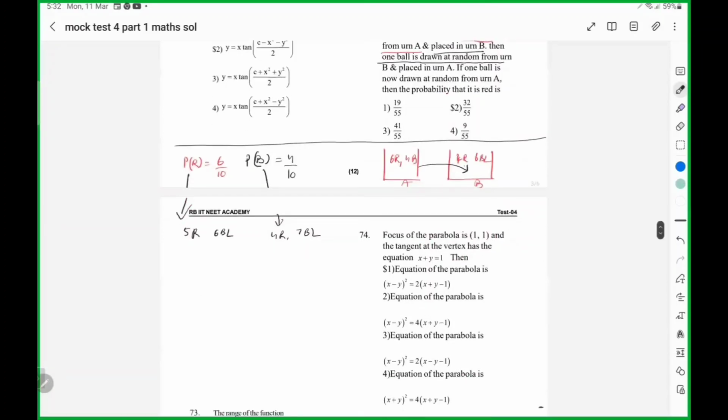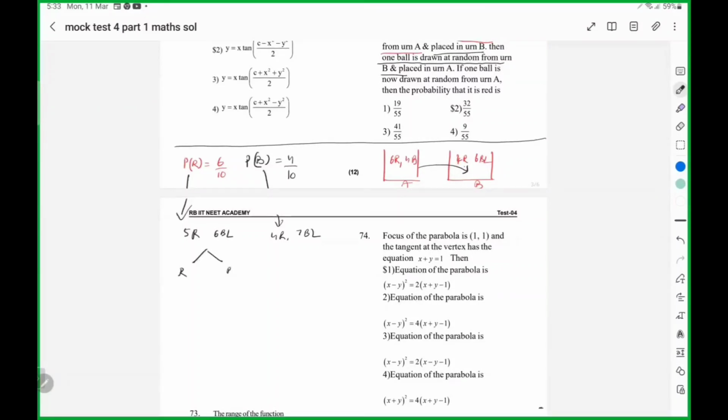Now if one ball is drawn from urn B, here he can draw again a red ball or a black ball. If it is a red ball, 5 by 11. If it is a black ball, 6 by 11. In this case, a black ball is transferred. If we draw a red ball, black, 7 by 11. So again he places it in urn A.